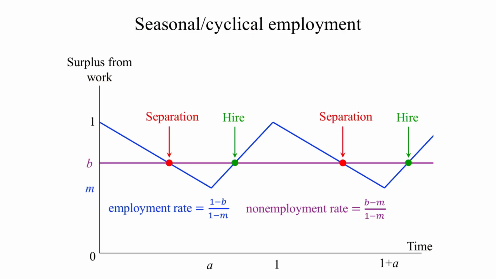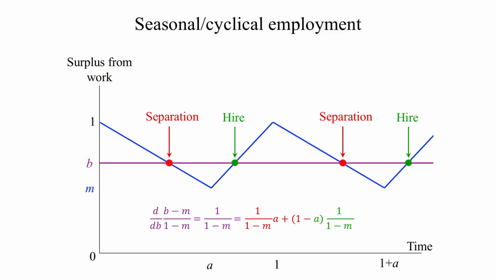The larger the benefit, the larger will be the non-employment rate, and by subtraction, lower employment rate. What I wanted to do is look at the effect of B, the benefit, on the non-employment rate, and decompose it into two pieces.